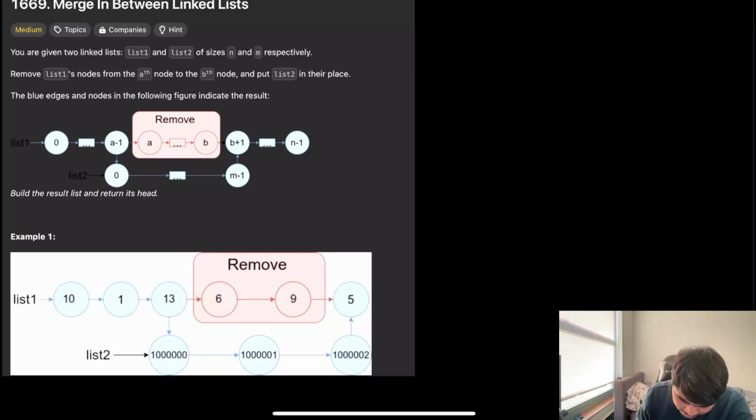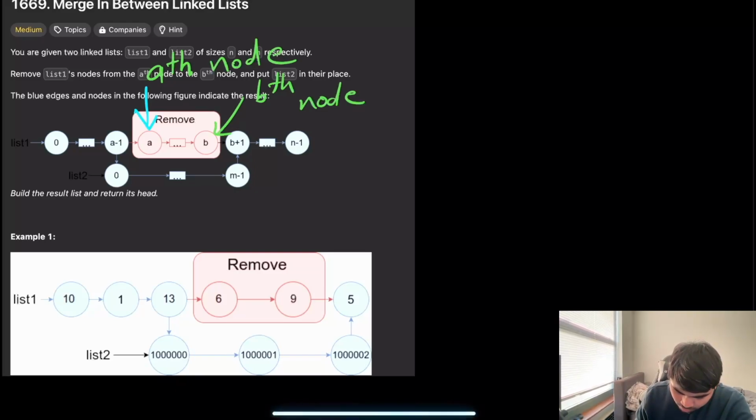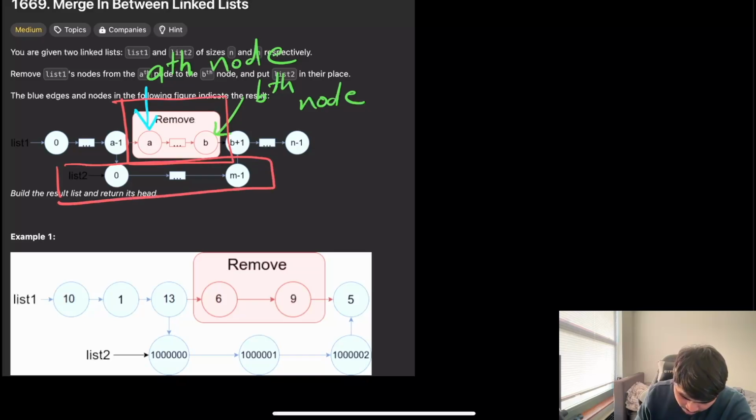So this is the ath node, and this is the bth node. We get rid of this particular section and place this linked list in there.